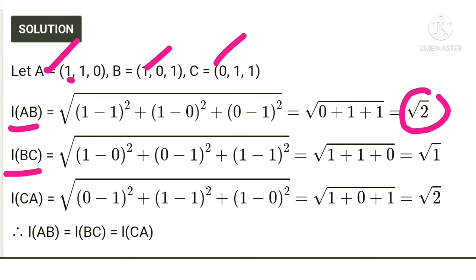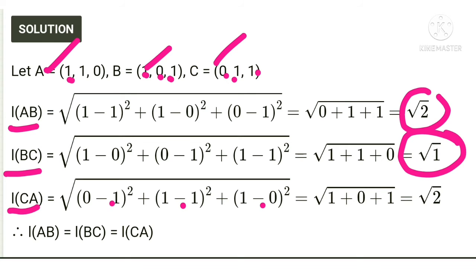Similarly, you find length BC: root of (1 minus 0) square plus (0 minus 1) square plus (1 minus 1) square. You simplify, you get length BC as root 2. And lastly, you find length CA: root of (0 minus 1) square plus (1 minus 1) square plus (1 minus 0) square.